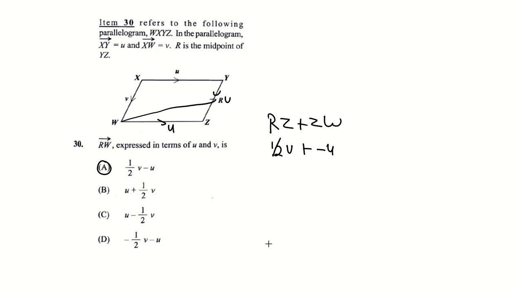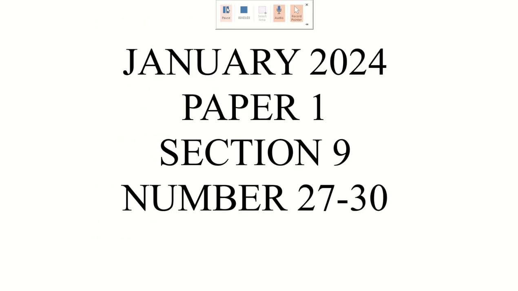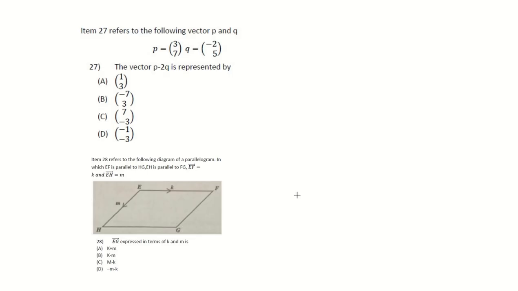Alright, and that would be the end of May, June 2024. Let's go to January 2024. January 2024, Paper 1, Section 9, number 27 to 30, which is your matrices and vectors. This one is a repeated question. You'll see this repeating a lot. That's P minus 2Q.